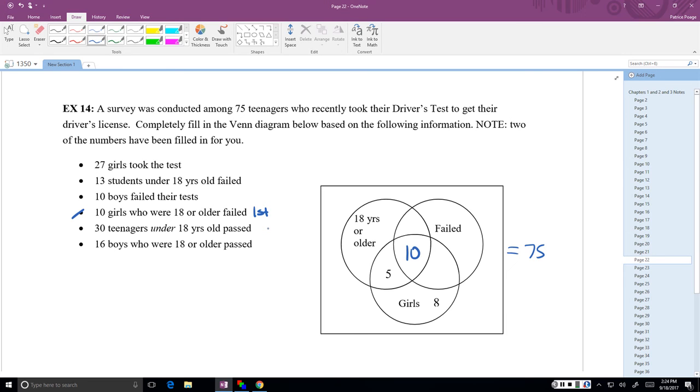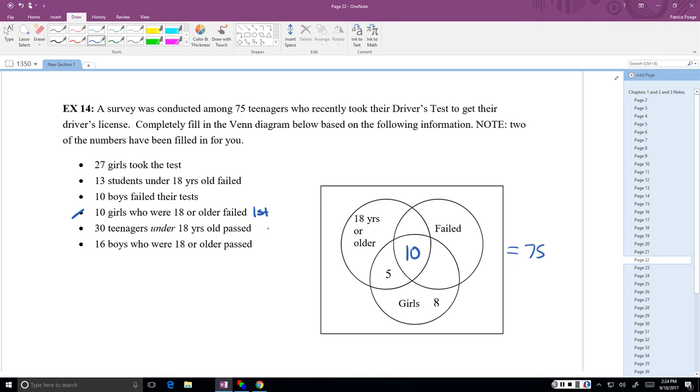Okay, you ready? 30 teenagers under 18 years old. Stop. If they're under 18, they're not in that circle, right? You with me, Kat? So if they're not in that circle, where are they? All these people, okay? And it says 30 teenagers under 18, and they passed. So what else do we know? They're not in the failed circle either.